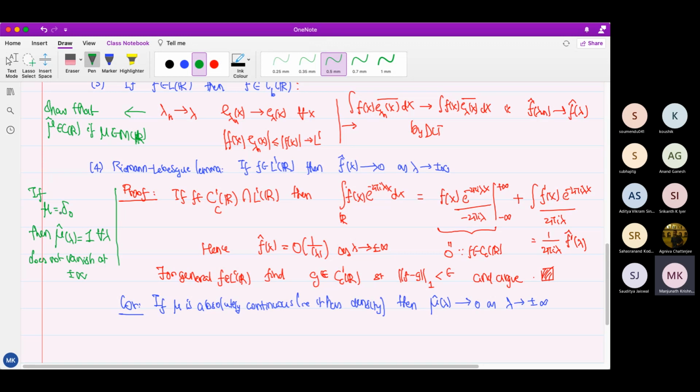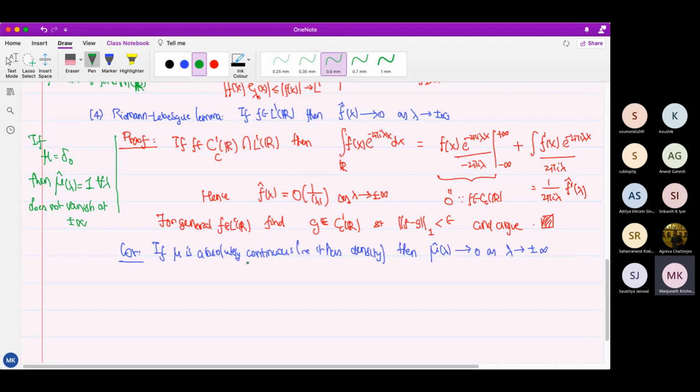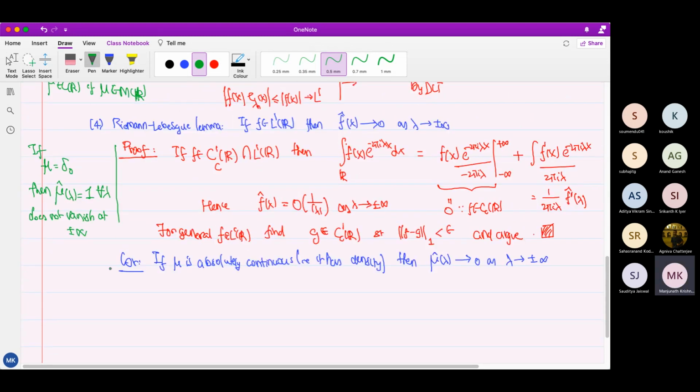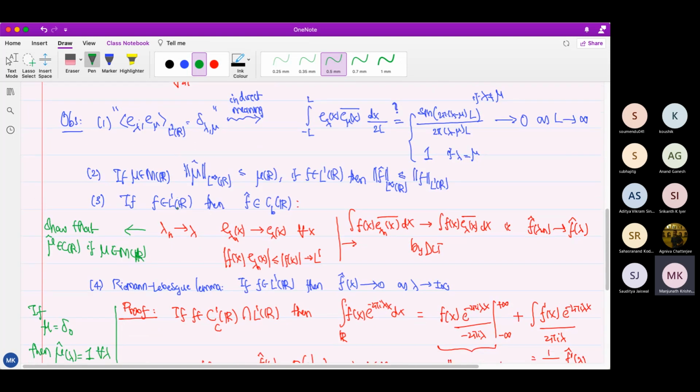So atomic measures are not going to vanish, but this is not a converse. We are not saying that if a measure is not absolutely continuous, then mu hat cannot vanish. It can vanish. So it's a one-way condition.